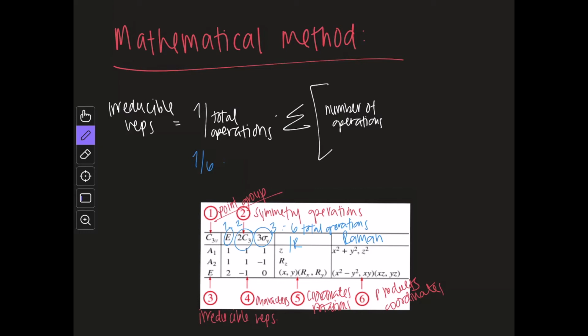We're going to be doing more examples using this formula, but right now we just want to show you what we're going to be calculating. So that would be number of operations times the character of our reducible representation times the character of the irreducible.